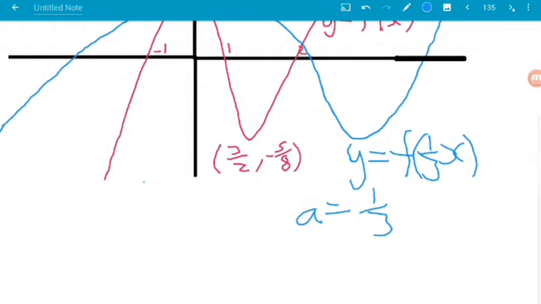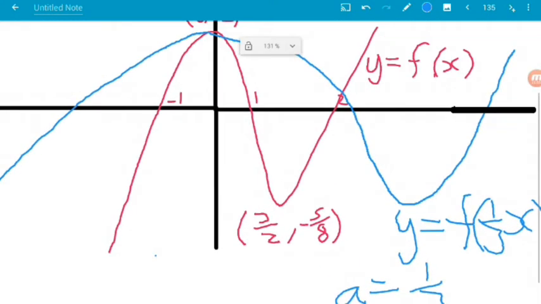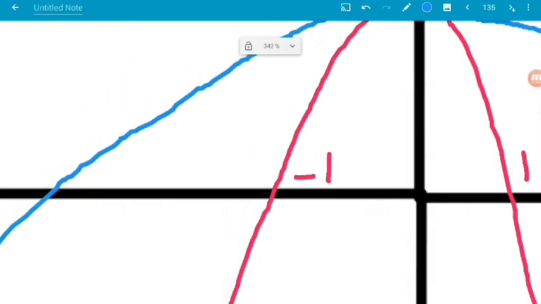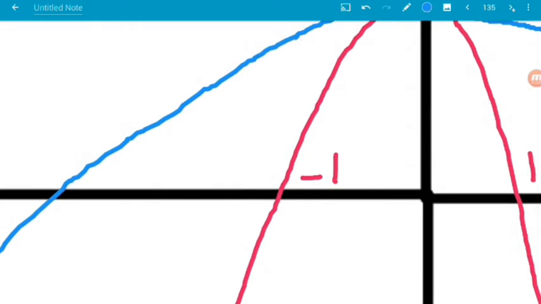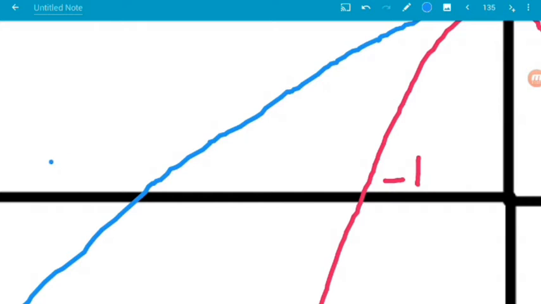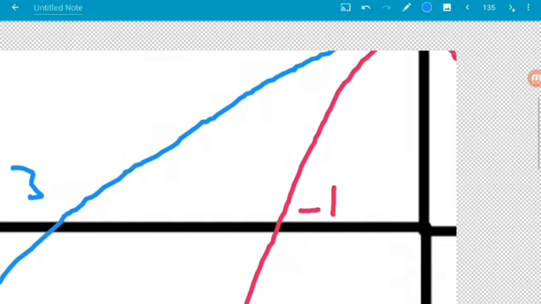Our scale factor is 1 divided by 1/3, which is equal to 3. So we multiply all of our x-coordinates by 3. Starting from the left, the point at -1 becomes 3 times -1, so that gives us -3 for this point.